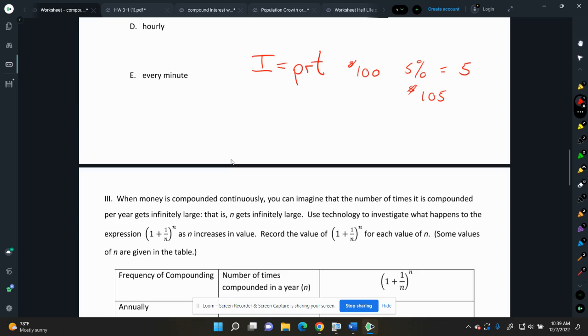Okay. So if I wanted to figure out how much money I had, I would take the original amount, that principal, and I would add the interest to it. So this formula will often look different, right?